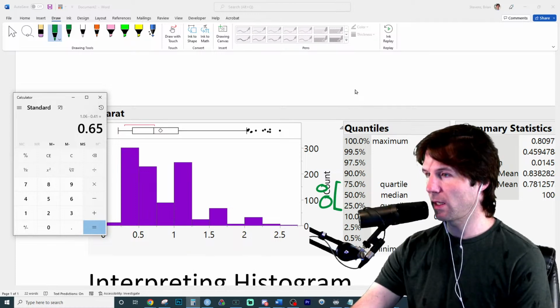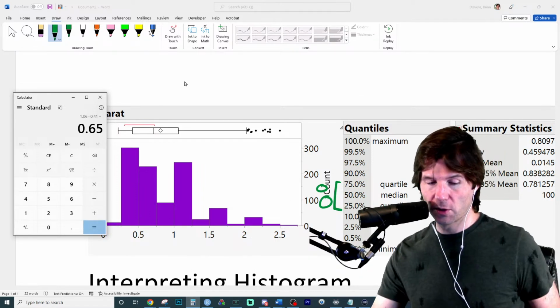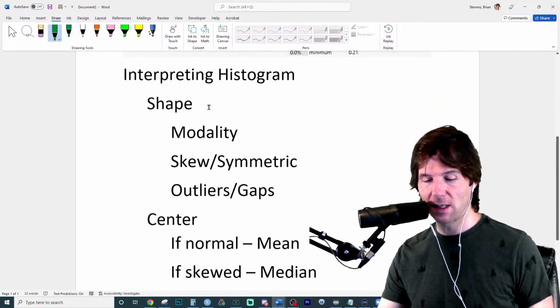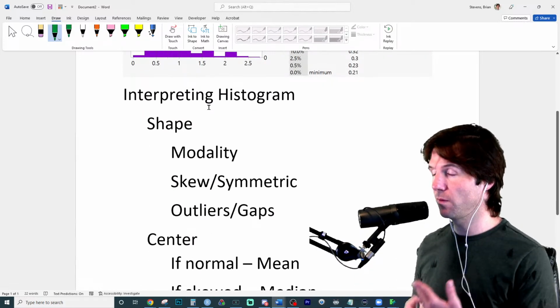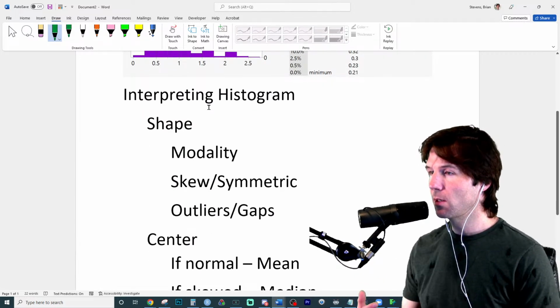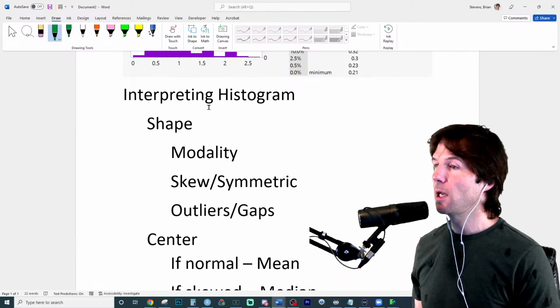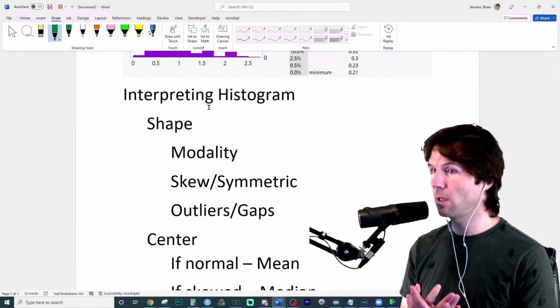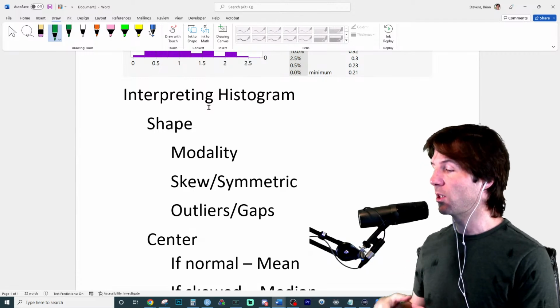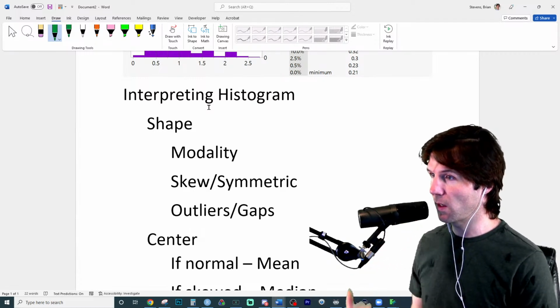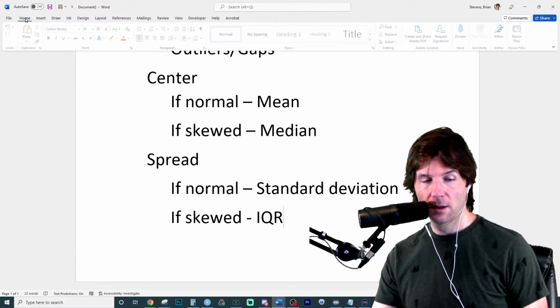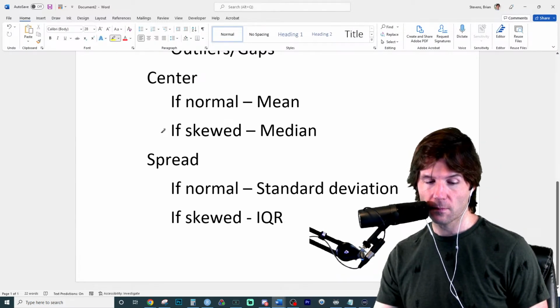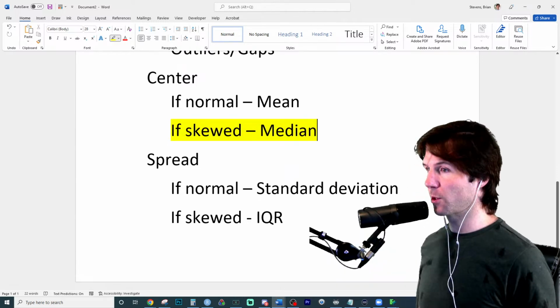Does that make sense, Julie, how to interpret this? When you're interpreting a histogram, we look at shape, center, spread, and shape determines the rest of the interpretation from there. So make sure to use full sentences. Make sure it's very clear if you're using the median for center or the mean for center. Make sure it's clear that you're using the standard deviation for spread. But here's the thing: if you are using the median, then what do you have to use for spread?